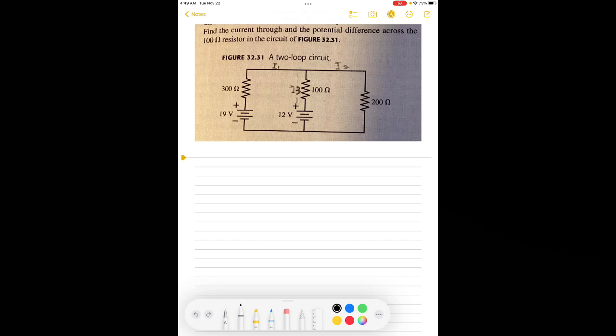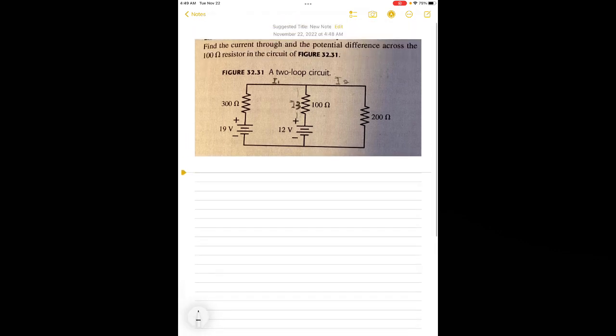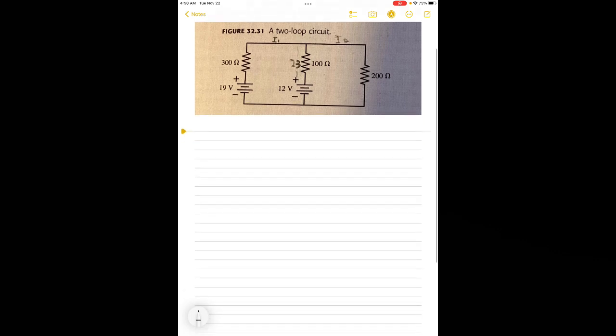Kirchhoff loop means what goes in must come out. Whatever goes in is the same thing, the same amp, the same current that goes out. So we're going to start by looking at what we have. We have two loops. To find the current, we're going to go step by step.